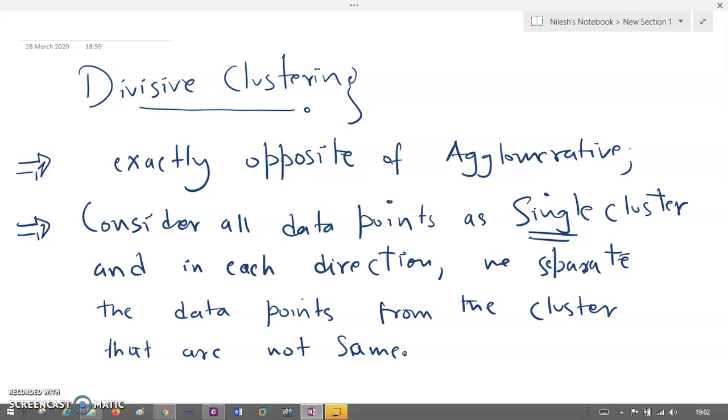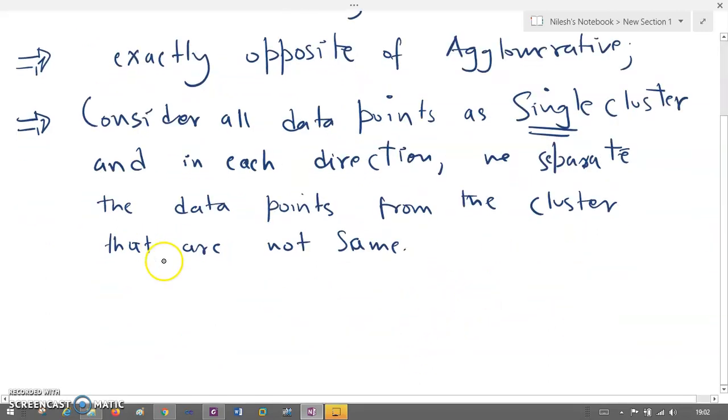So at the end, what will you get? At the end of the iterations, you will not get a single cluster.